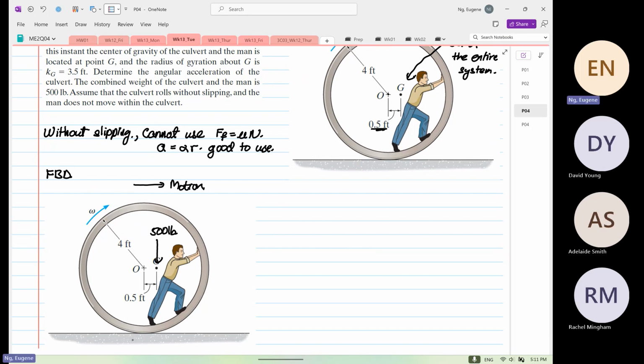So we are saying friction has to go this way? No. Friction goes which way? This way. Why? No, don't look at motion. I already told you not to look at motion. Well done.